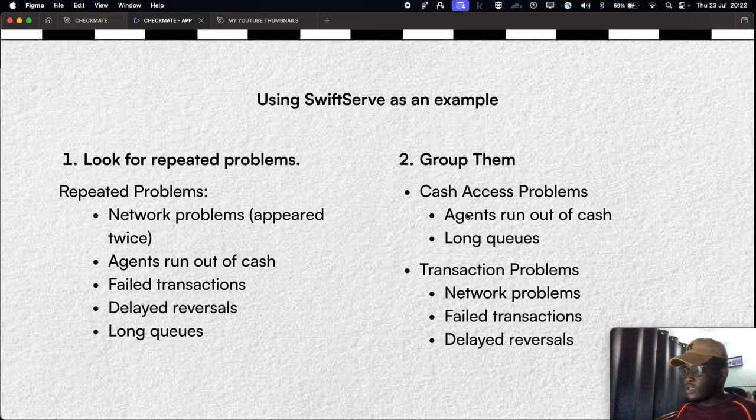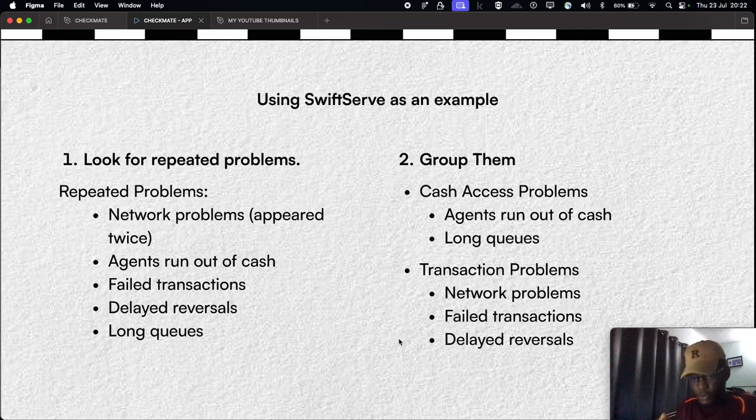For cash, agents run out of cash and there are long queues before you withdraw cash. Then we also group into transaction problems. This is where network problems, failed transactions and delayed reversals come in. Do you get? So we have been able to say, number one, we have given out a Google form to our users to respond.